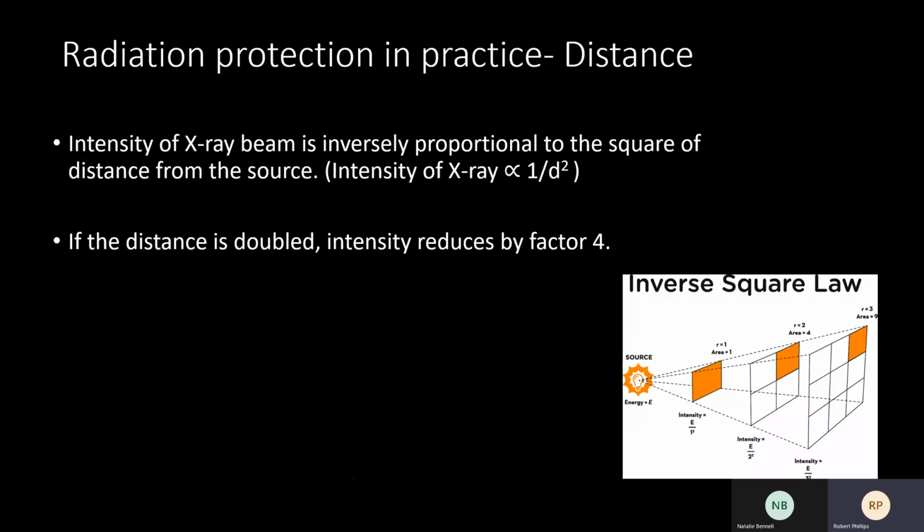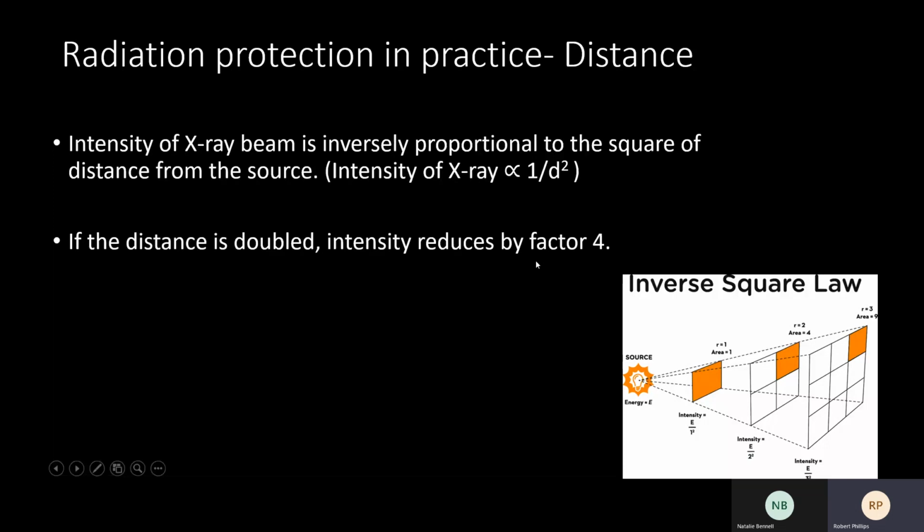X-rays and gamma rays are all electromagnetic waves, just like light. So the intensity of an X-ray beam is inversely proportional to the square of the distance from the source. That means if the distance is doubled, the intensity is reduced by a factor of 4.